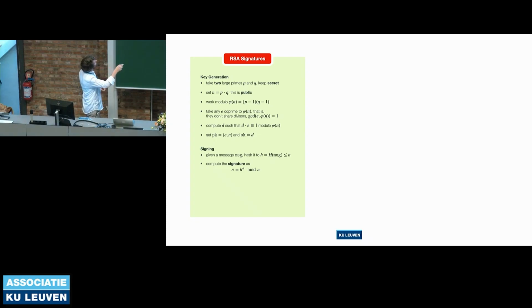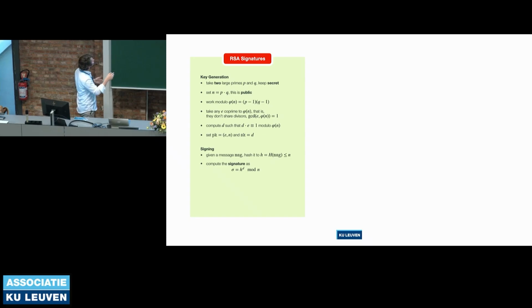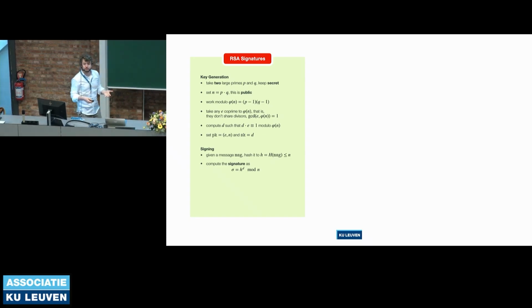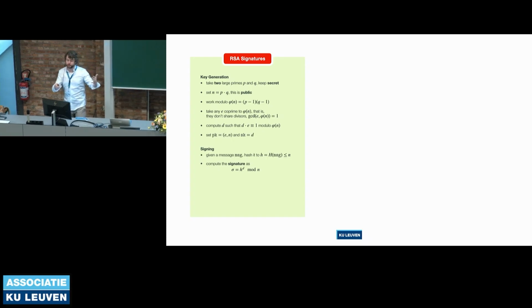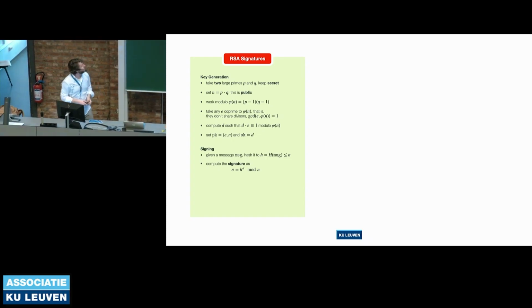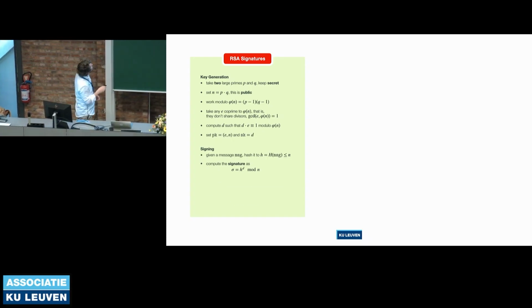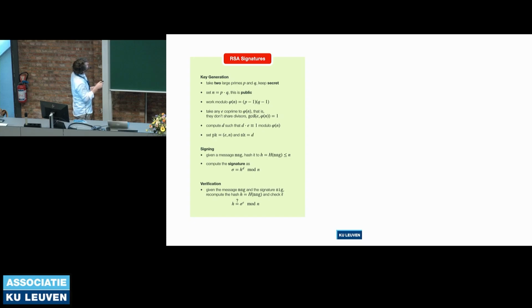Given a message, we again hash it to some number smaller than N. And the signature we just raise to our secret power D, which was what the decryption was before, but now it's going to be the encryption. And now anybody with the public key can verify that if you raise this sigma to the power E, you should get again back H if it was a valid signature.